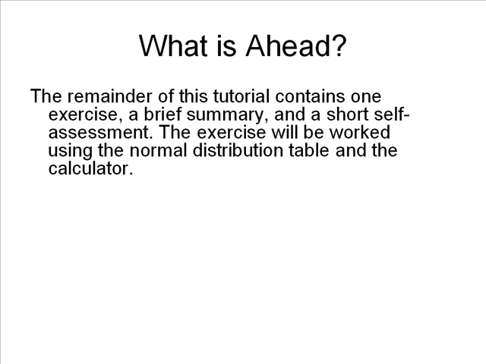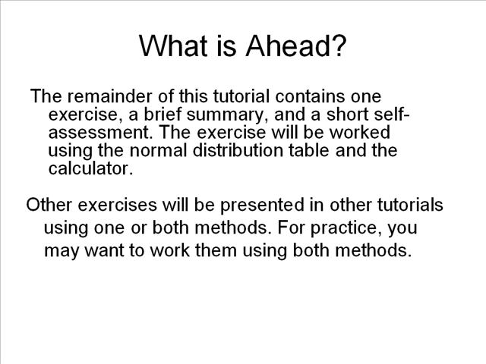The remainder of this tutorial consists of one exercise that will be worked using the normal distribution table and the calculator. Other tutorials will present additional problems using either the table or the calculator. For practice, it is recommended that you work the problems using all methods.